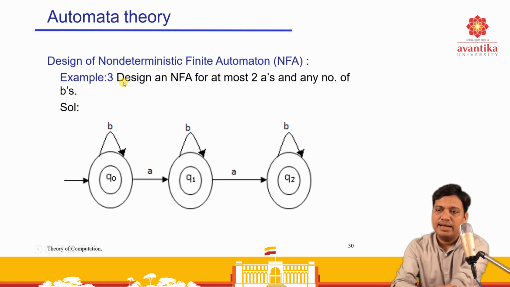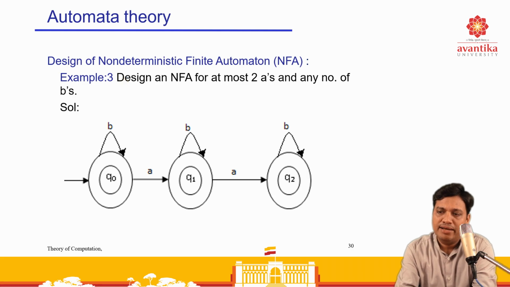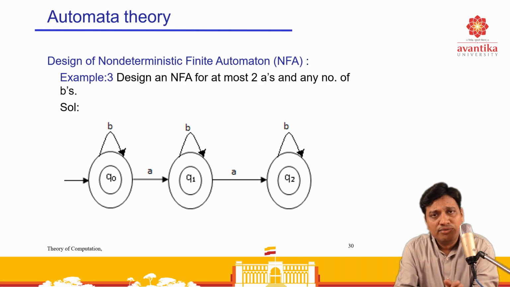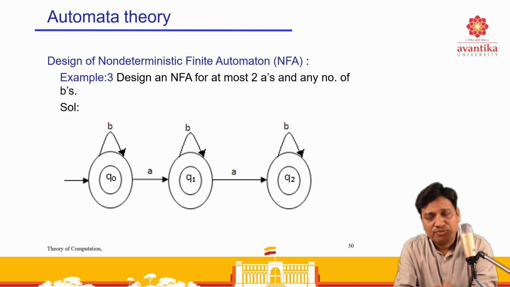The third example: design an NFA for at most 2 A's and any number of B's. At most 2 A's means the essential condition is 2 A's: it starts from the Q0 state, with one transition for the first A and a second for the second A, then moves to the final state.